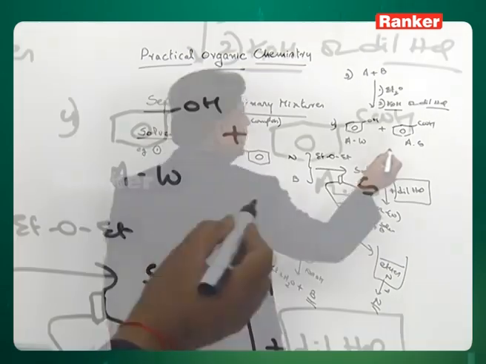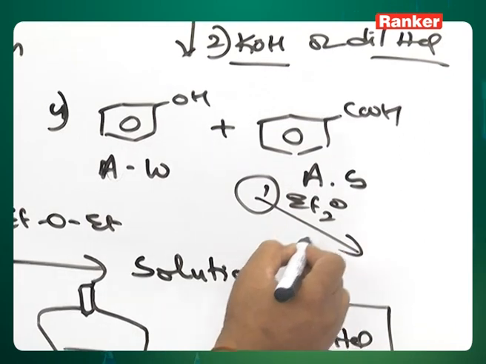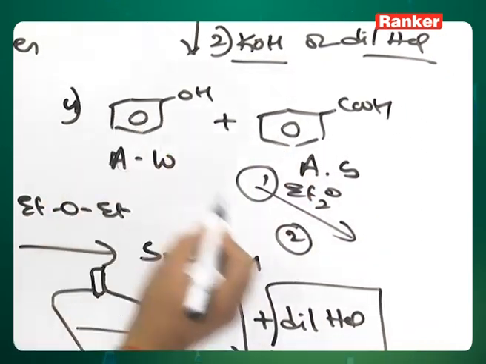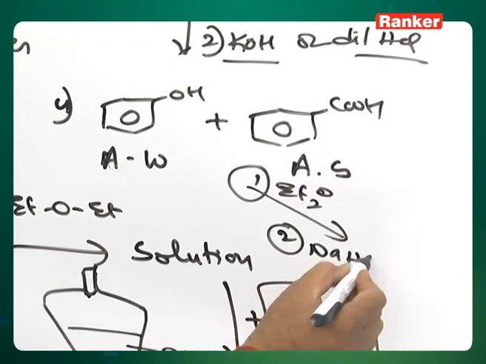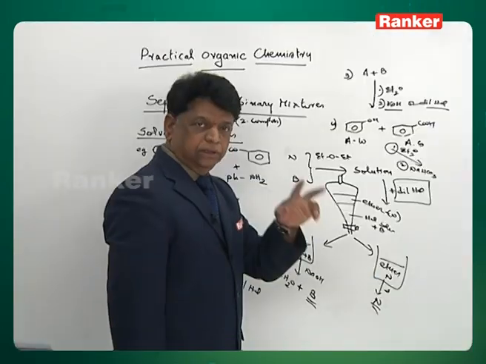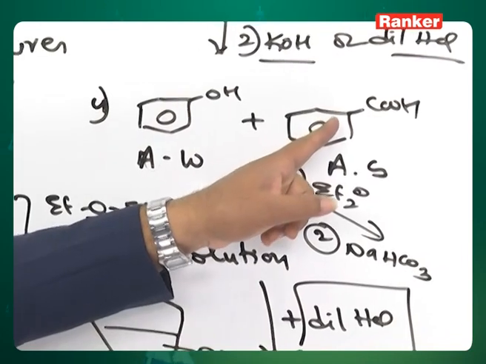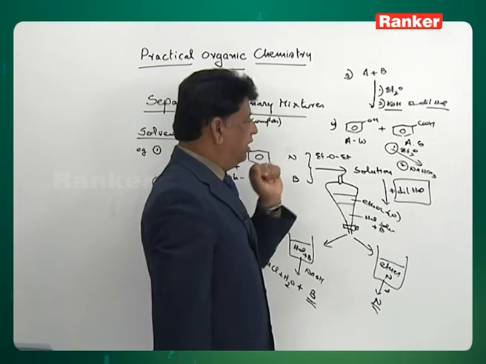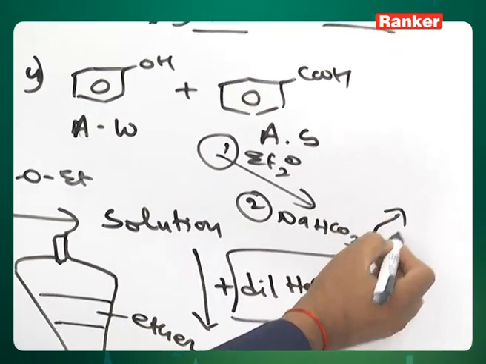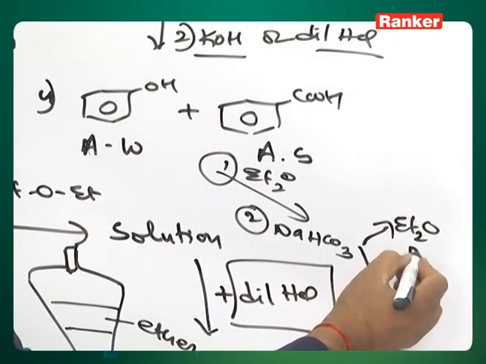First you add the ether, then the second one is bicarbonate you take. If you take sodium hydroxide, what happens? Both go into the sodium hydroxide, that is not correct. If you take bicarbonate, only the acid goes, but the phenol is not soluble. So after adding bicarbonate and separating into two layers, the ether will contain the phenol.